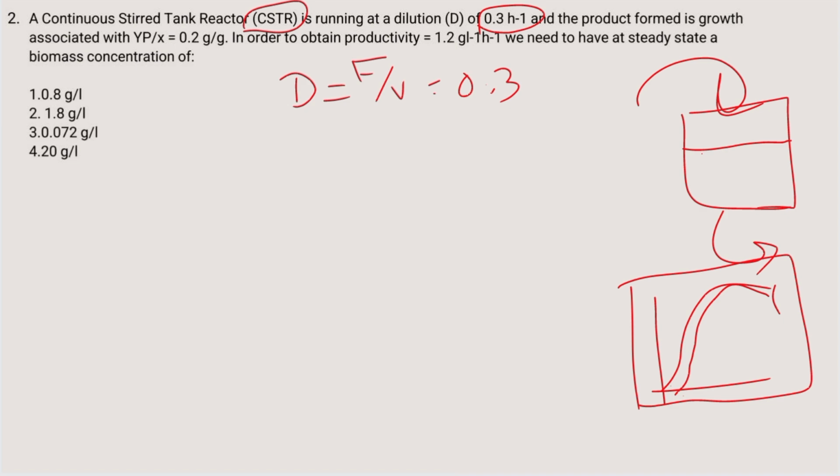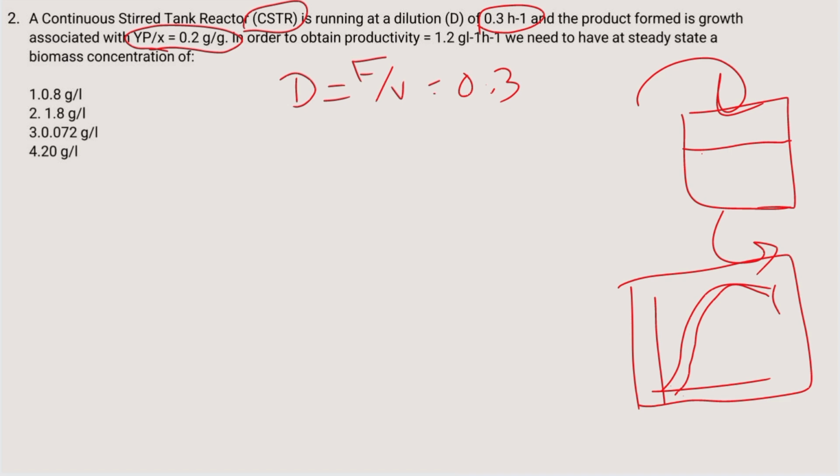That is associated with the yield of that product, 0.2 gram per gram of the biomass. What does that mean?